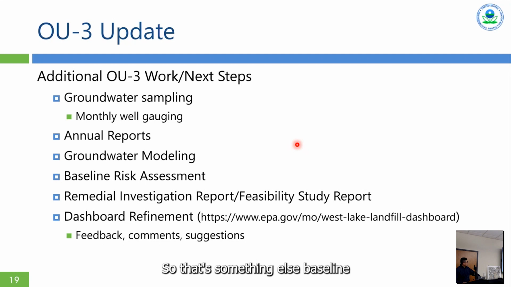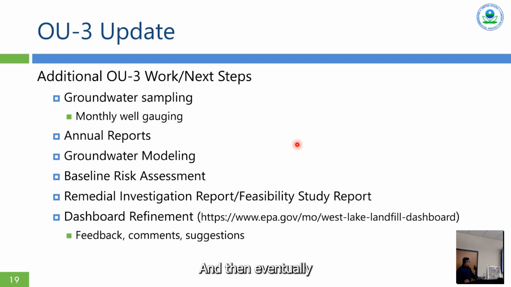So that's something else. Baseline risk assessment, human health risk assessment, that's part of the RIFS process. All the groundwater data and all of the other information that we've collected at the site about receptors, about wells, offsite wells, will go into the baseline risk assessment to provide an assessment of what the risks are to human health and the environment.